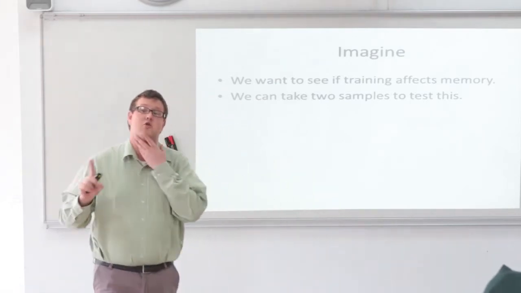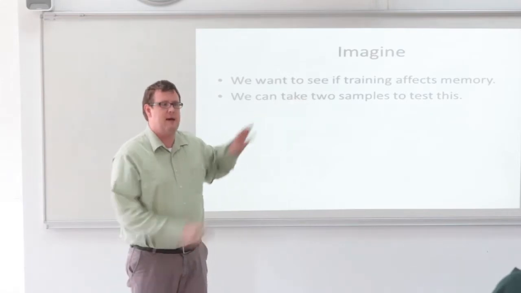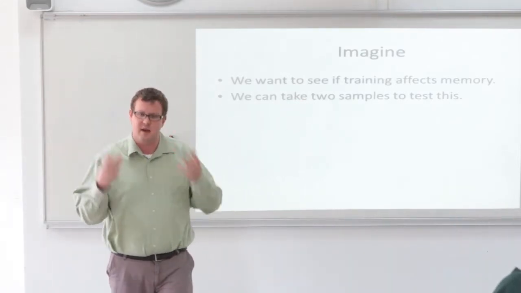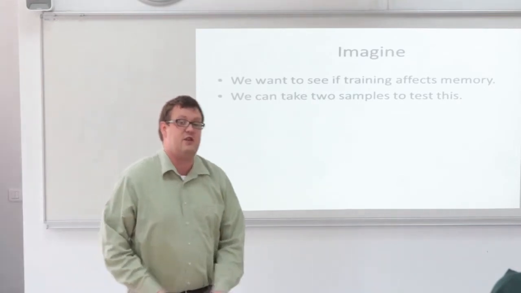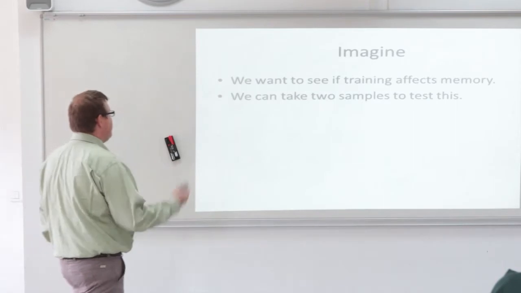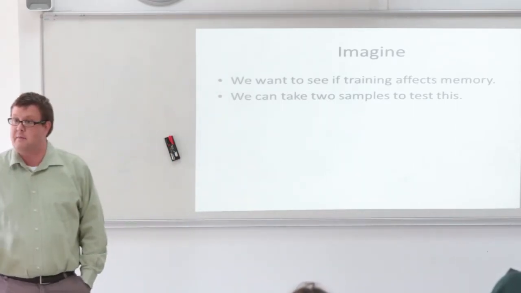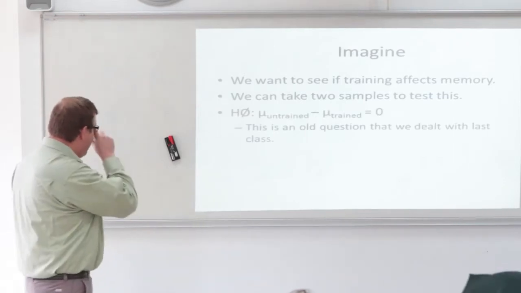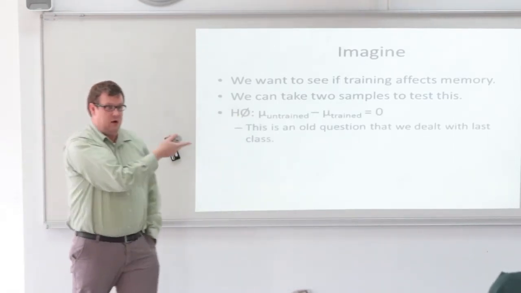You actually could do a one sample test if you knew what the population memory score was. You could find some group, take a sample of people and train them, and then see if their scores differ. So I guess you could answer this with one sample. But if you wanted to do a two sample test, you could have some type of control and experimental group, right?